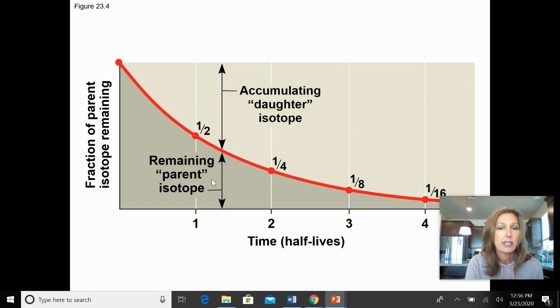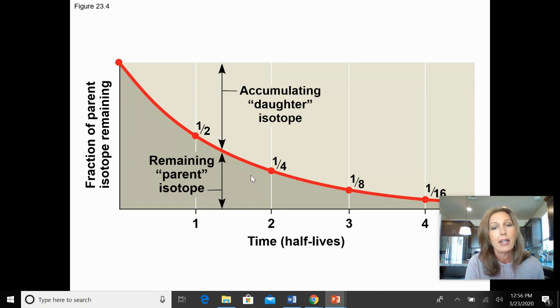So what you would need to know is how many half-lives this particular isotope has gone through. If I had my whole radioactive isotope, at the end of one half-life, I have half of the mass remaining, and the other half is now a different atom.